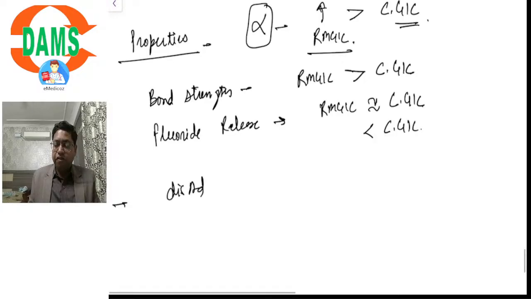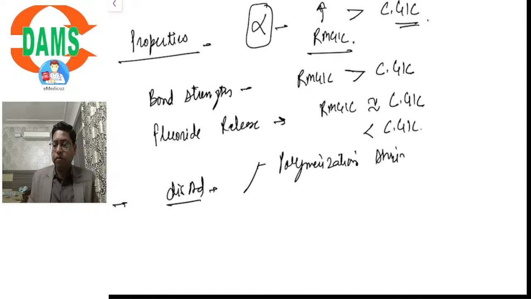A disadvantage of resin incorporation is polymerization shrinkage. Due to polymerization of resins, there would be polymerization shrinkage. And what would happen due to polymerization shrinkage? There would be microleakage around the restoration.